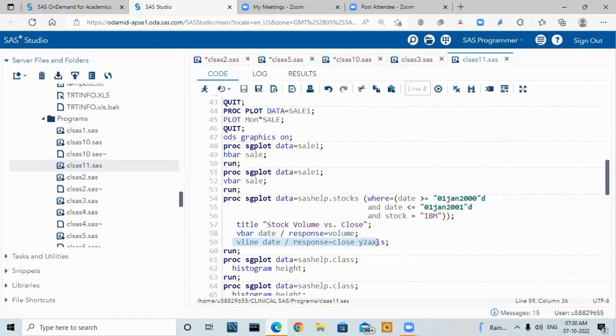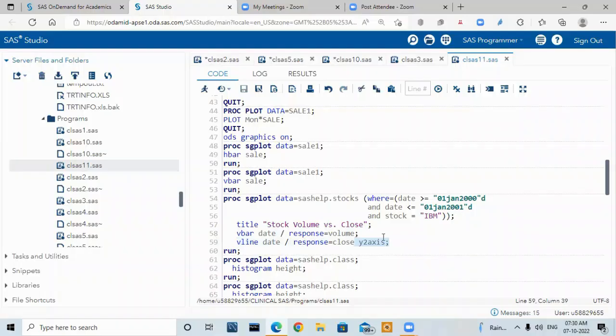What about the y-axis? How to distribute the y-axis? One of the y-axes is already taken by the V bar. We are using a second y-axis here. For drawing the second graph, V line, I am using another y-axis, Y2.